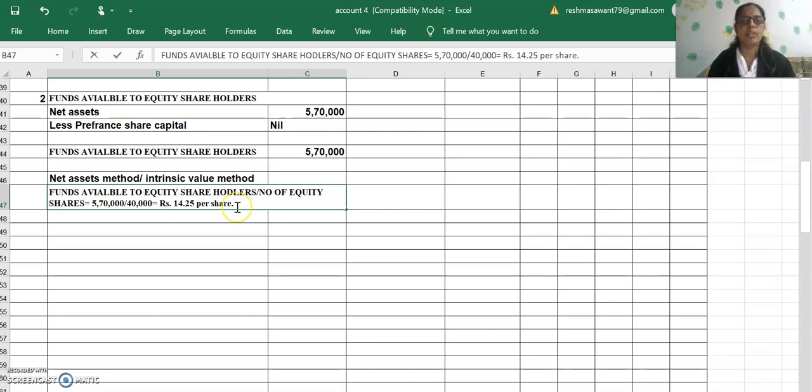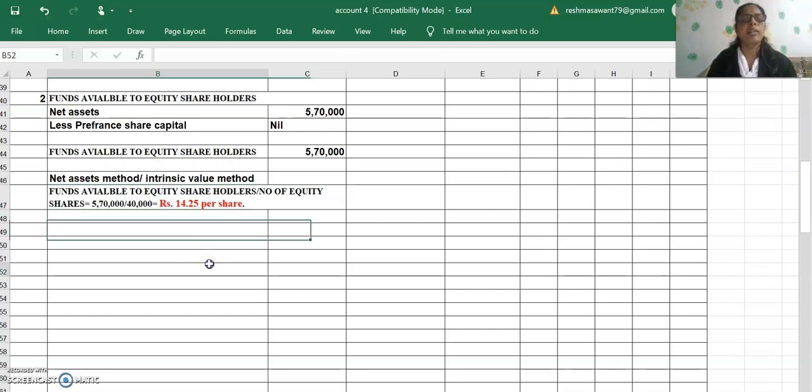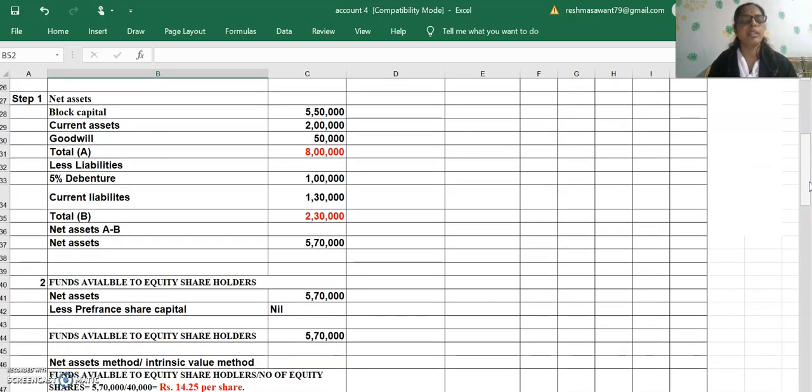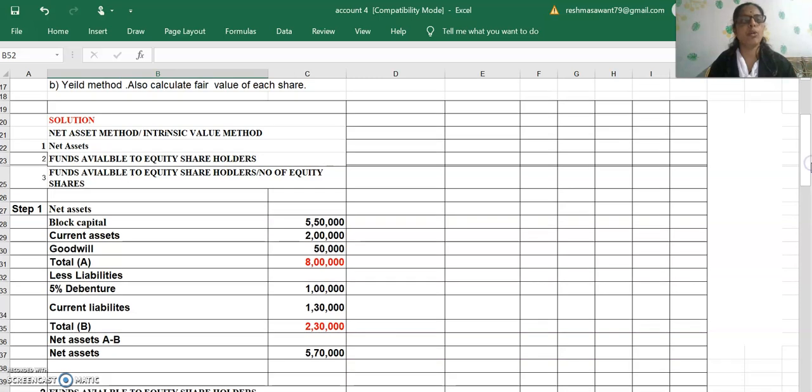So the answer for the first method is rupees 14.25 per share of each equity share. Now let's understand how we calculate our first heading, that is the valuation of shares by the net asset method or intrinsic value method.